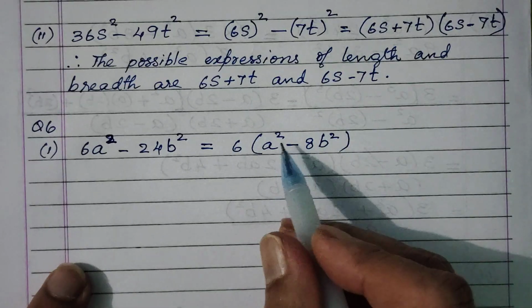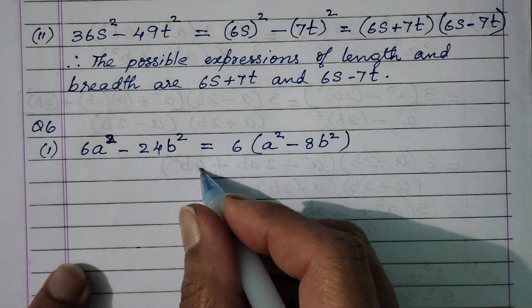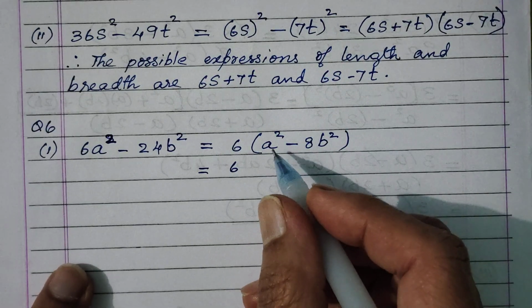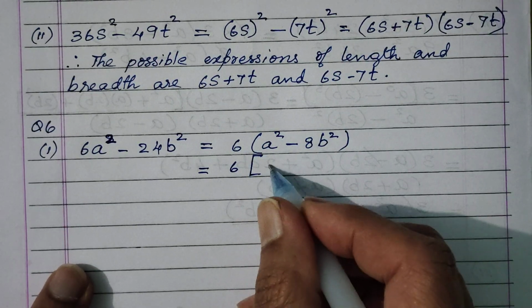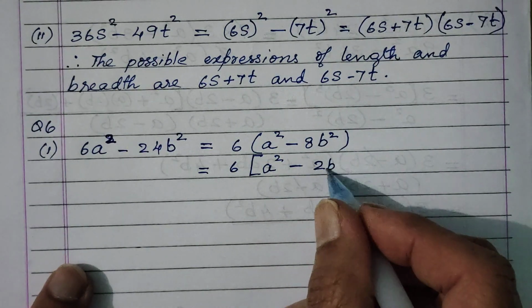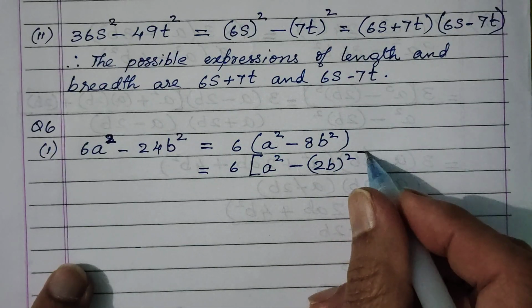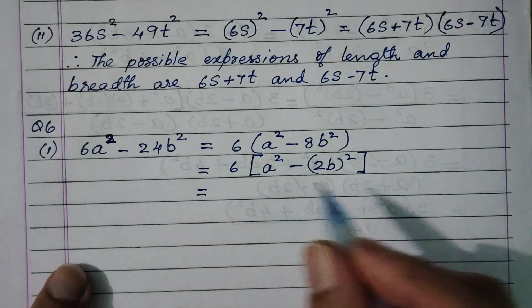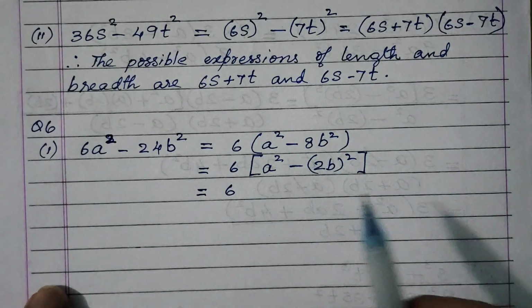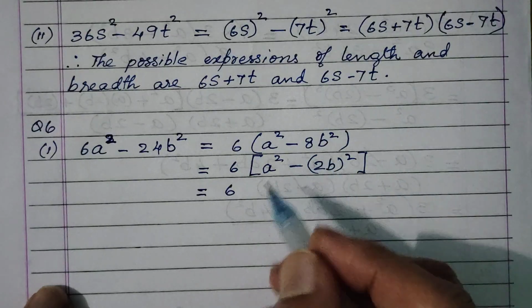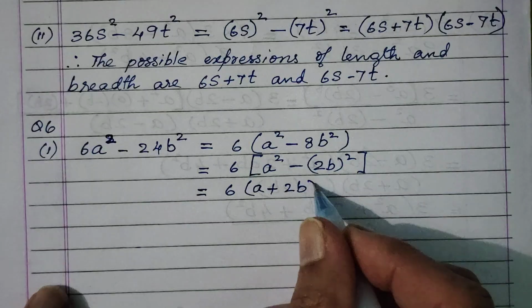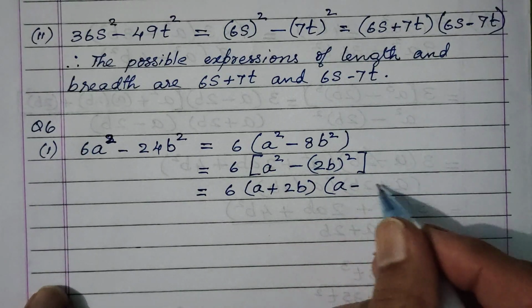So now we can write as squares. a square minus 4b as 2b whole square. So this is of the form a square minus b square. So I can write a plus b into a minus b. A is a, b is 2b. So a plus 2b into a minus b, that is a minus 2b.